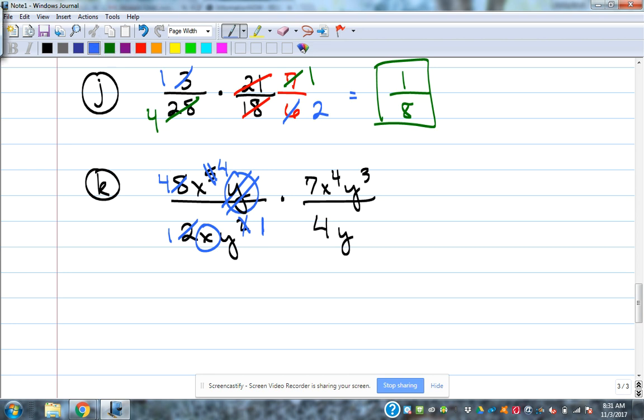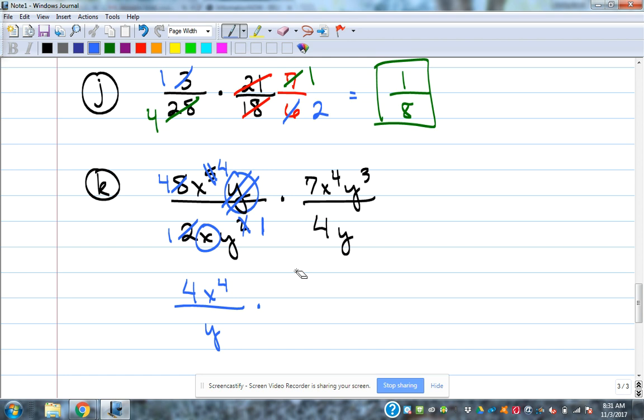Sometimes it's helpful to just rewrite the problem with what you got left. And I'm going to do that here. You don't have to, but I think it's helpful sometimes. Got a y on the bottom there. Before I write the second fraction, I'm going to do it vertically too.